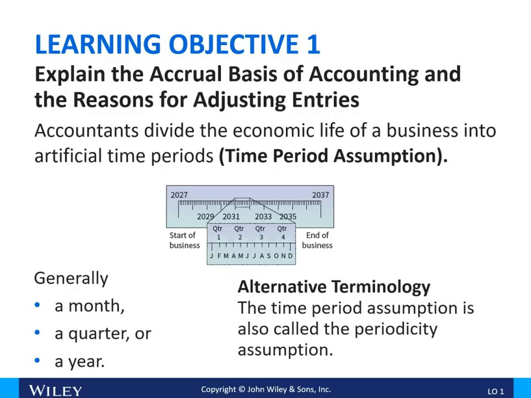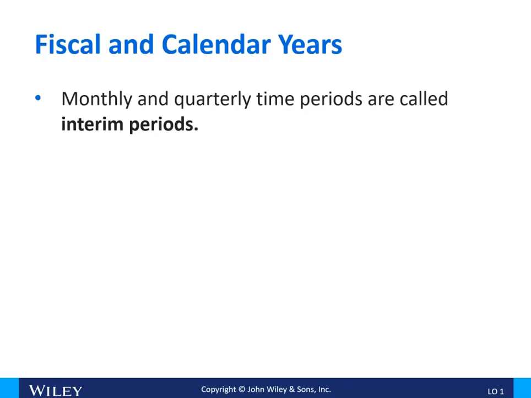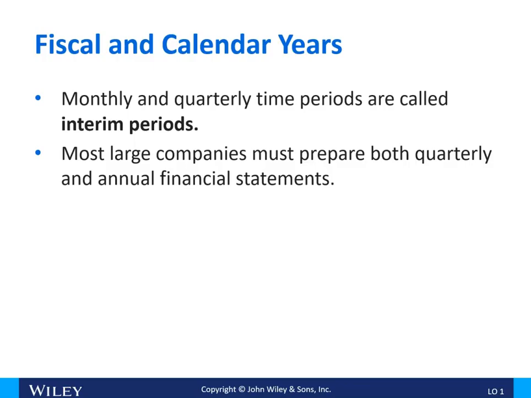The time period assumption is also called the periodicity assumption. If we look at fiscal and calendar years, monthly and quarterly time periods are called interim periods. Most large companies must prepare both quarterly and annual financial statements. In the U.S., a publicly traded company has to report quarterly earnings.